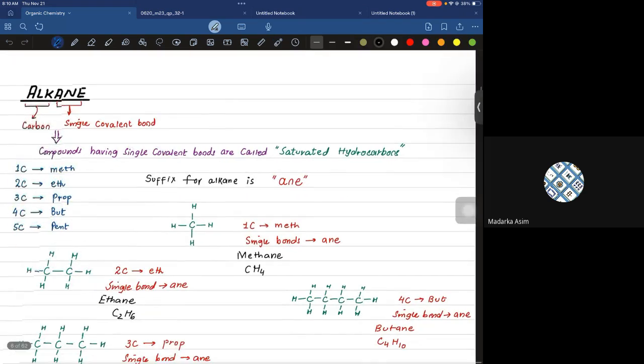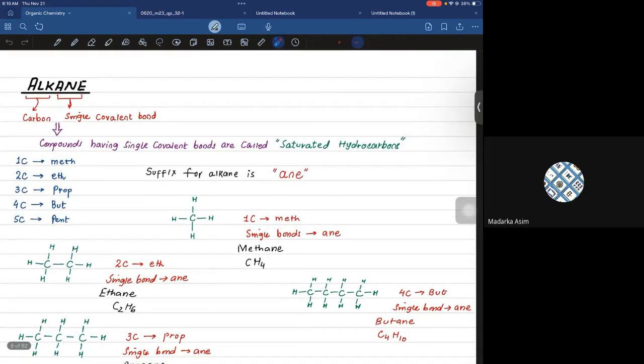So those compounds having single covalent bonds between the carbon-carbon atoms, this is mandatory. Single covalent bond, but where? So you would define that between the carbon atoms, right?